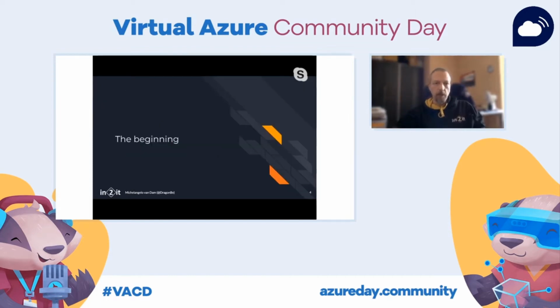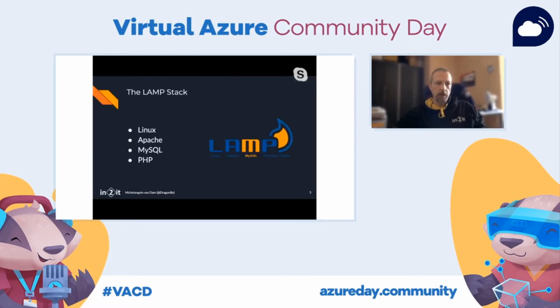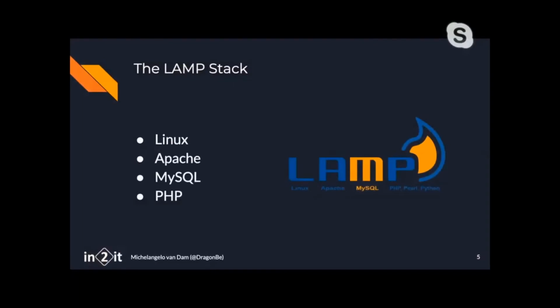I come from a background of PHP, and for us, everything that we built was built on top of the LAMP stack. LAMP stack is the acronym for Linux, Apache, MySQL, PHP. Most other technologies also adapted it for Perl and Python.